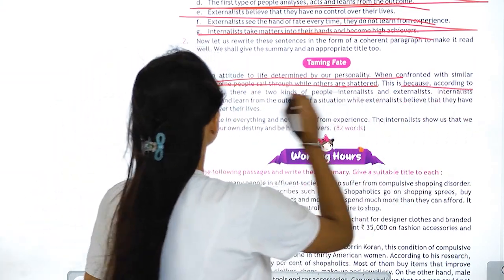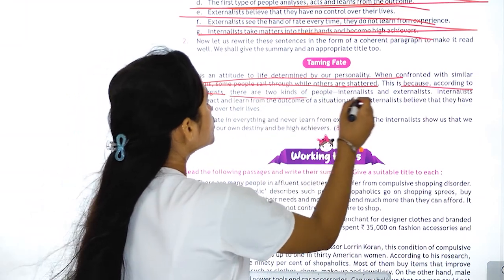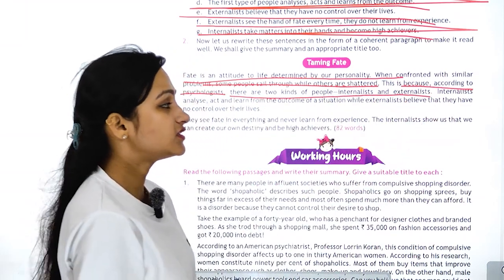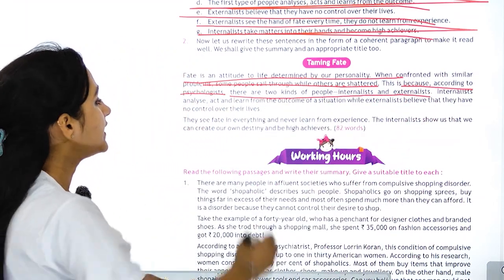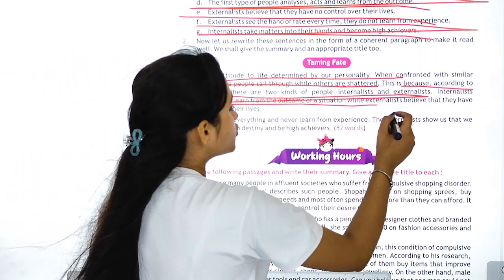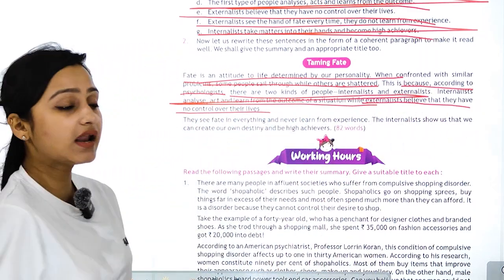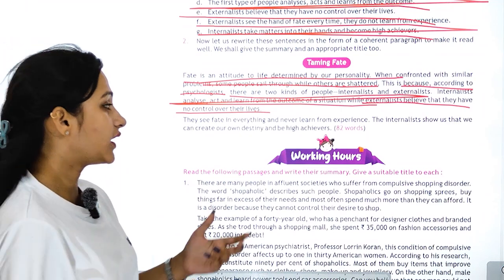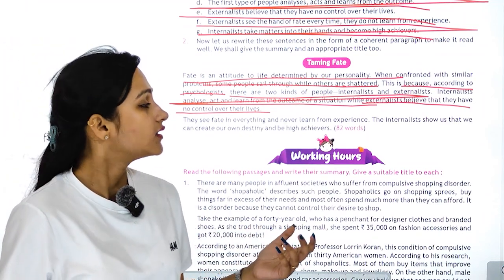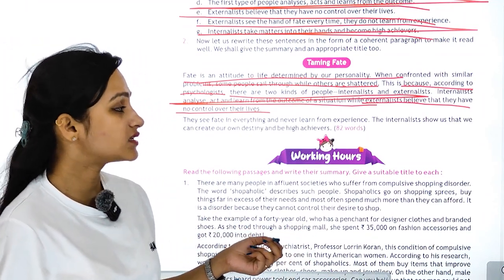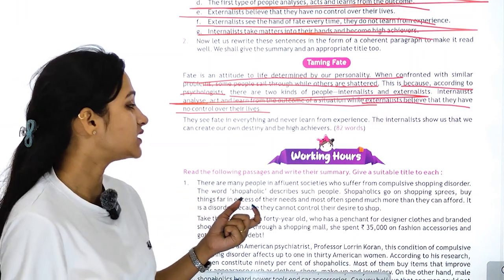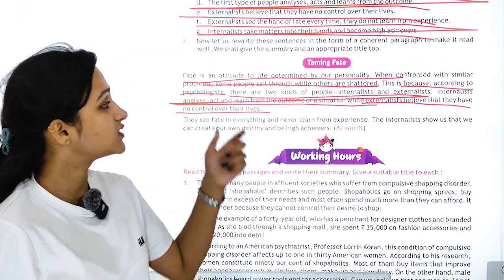This is because, according to psychologists, there are two kinds of people, internalists and externalists. Internalists analyze, act, and learn from outcomes of situations, while externalists believe that they have no control over their lives. They see fate in everything and never learn from experience. The internalists show us that we can create our own destiny and be high achievers.